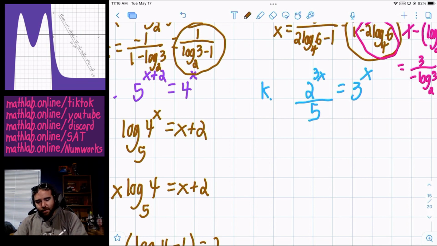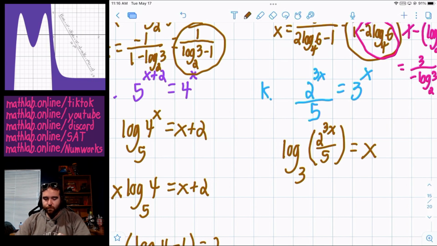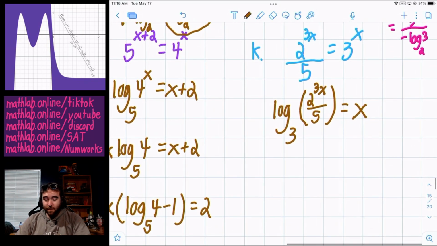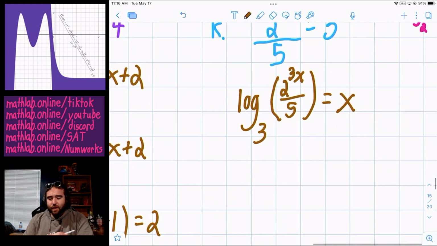So what? We'll do the same thing. We'll do log base 3 of 2 to the 3x over 5 equals x. That's fair. So now we have like a division inside of a logarithm. So I would split that up.